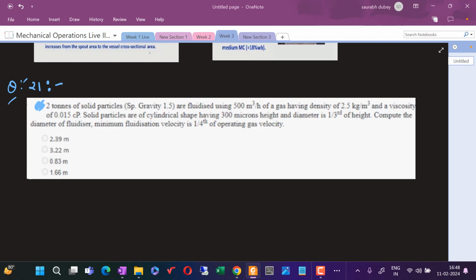Solid particles are cylindrical, having 300 micron height and a diameter of one third of the height. Compute the diameter of the fluidizer and the minimum fluidization velocity. So you have to design the fluidizer in this question. Just read the question and try to solve it. I will be joining, just 2 minutes.